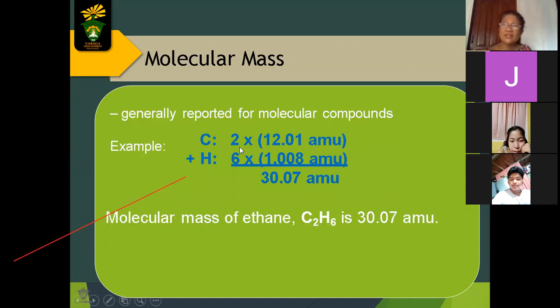Carbon is 2 atoms multiplied by the atomic mass of 12.01, divided by this one. That is now the percentage composition of carbon in ethane. How about for hydrogen? Same process also. Percentage composition of hydrogen is equal to the number of atoms and the atomic mass of hydrogen, divided by the formula weight of the compound.